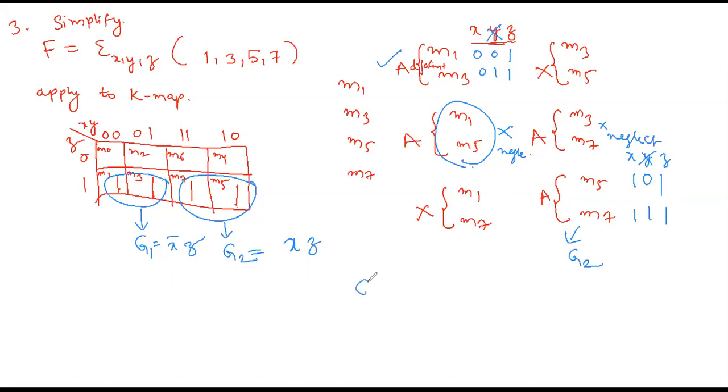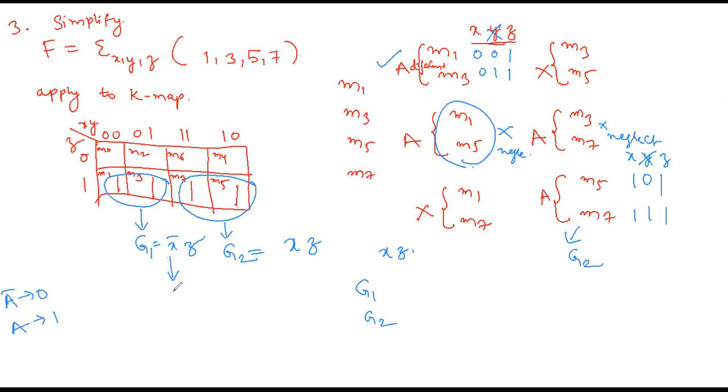Now check whether G1 and G2 are adjacent or not. We have only X, Z variables. X bar is 0, and the variable itself is 1.